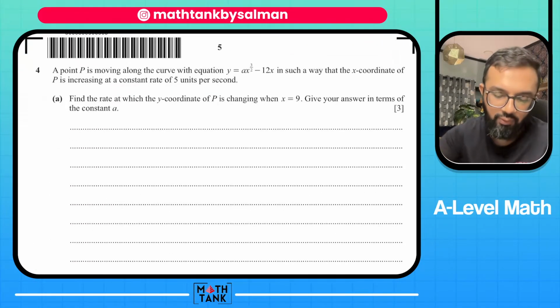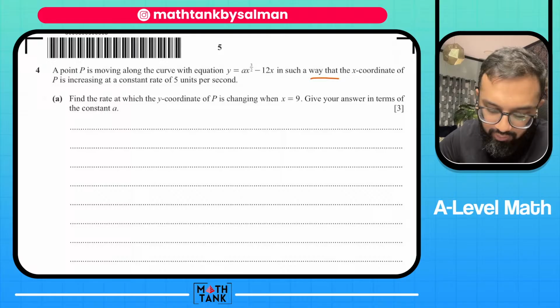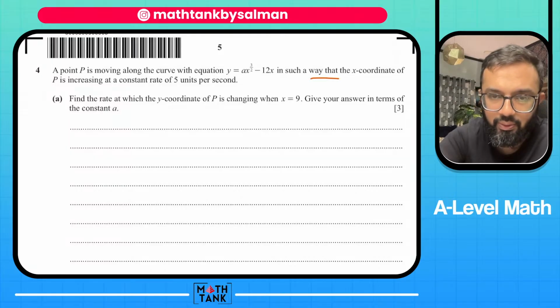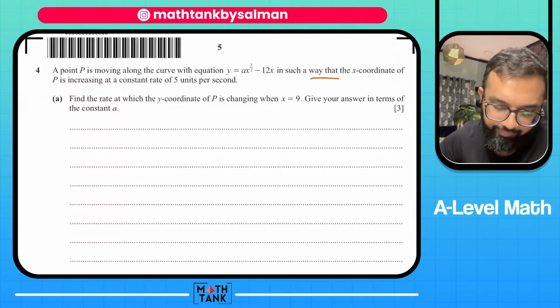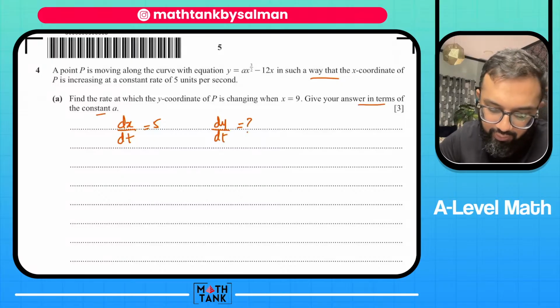Then question number 4 looks like it's about differentiation. Point P is moving along the curve with this equation in such a way that the x-coordinate of P is increasing at a constant rate of 5 units per second, and the rate at which the y-coordinate is changing. So dx over dt is 5. dy over dt is what I'm trying to find, giving your answer in terms of the constant a.